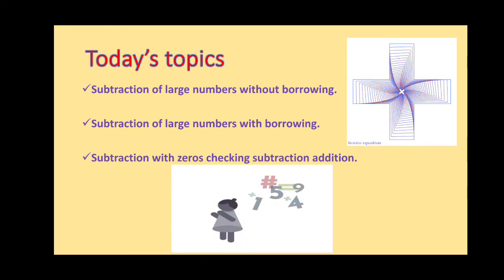From the next place we have to borrow 1, and then the number becomes bigger than the subtrahend. That time you can do the subtraction. In that way we can do the subtraction. And the next, subtraction with zeros. And checking of subtraction by doing addition, whether we have got the correct answer or not. These 4 concepts we are going to learn in today's class.